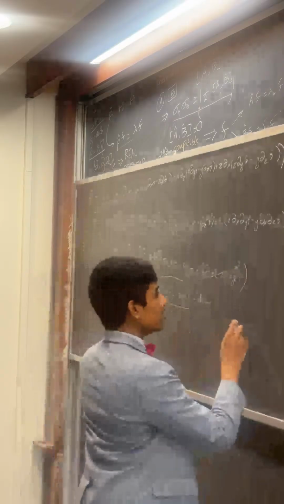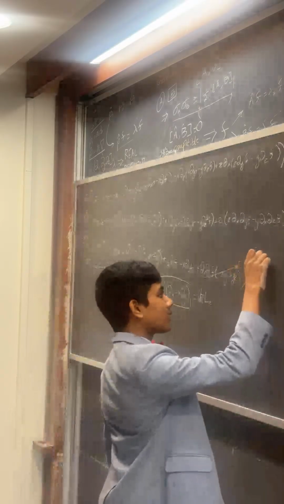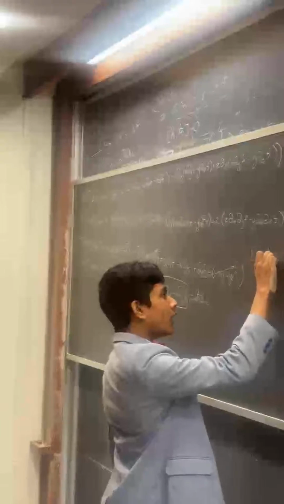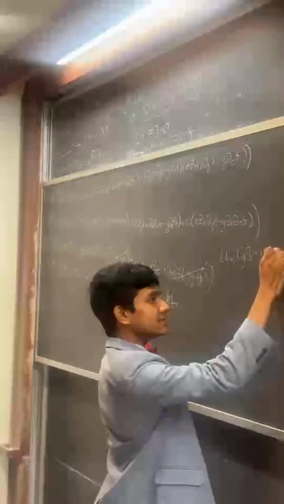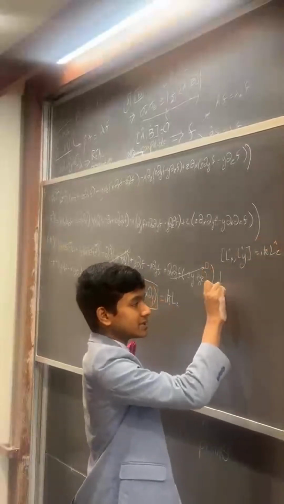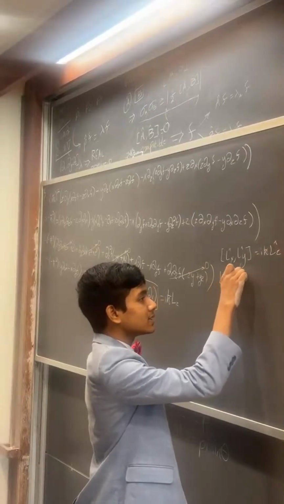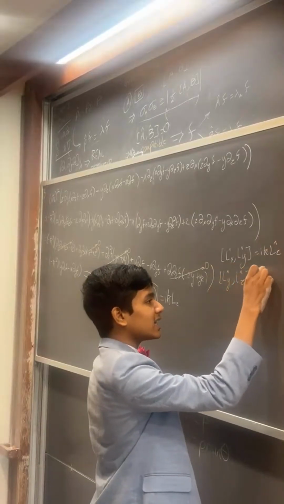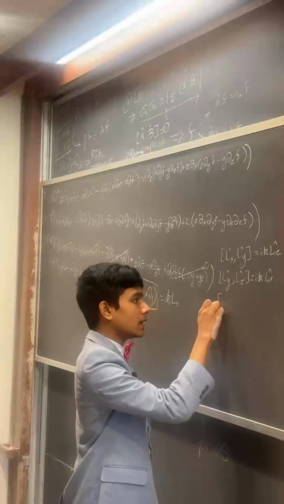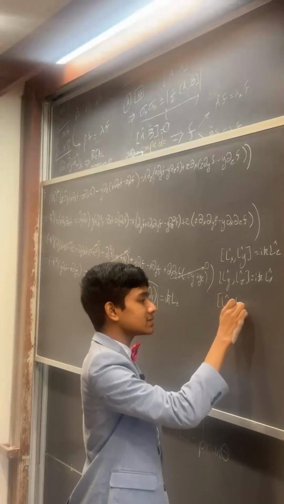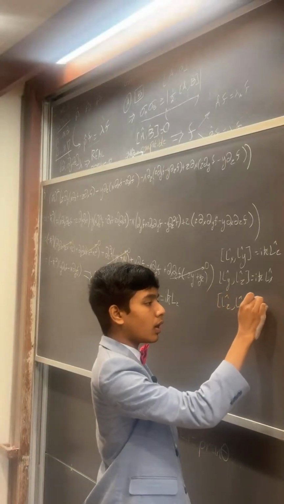There we go. So, you know that Lx and Ly give us i h bar Lz, and by cyclic permutation, that means Ly and Lz give us i h bar Lx, and Lz Lx give us i h bar Ly.